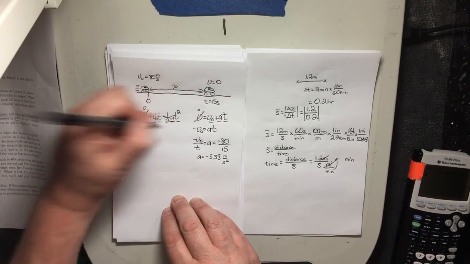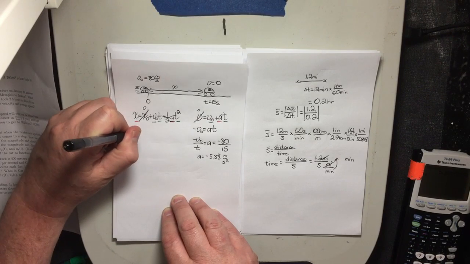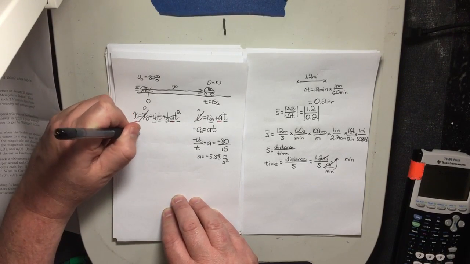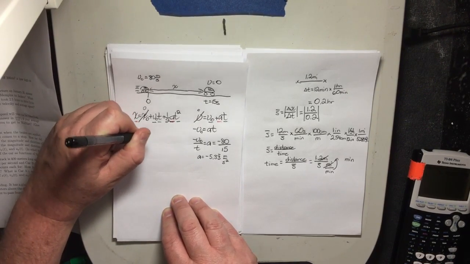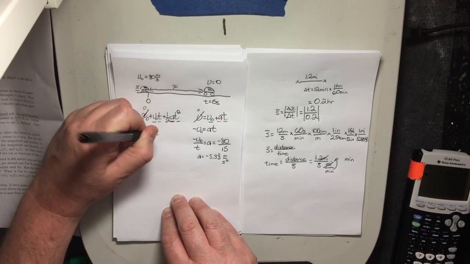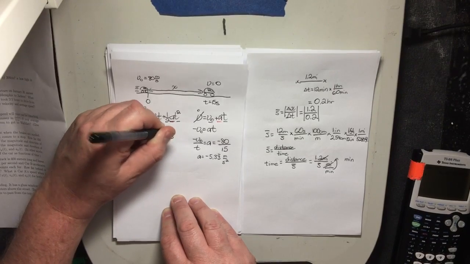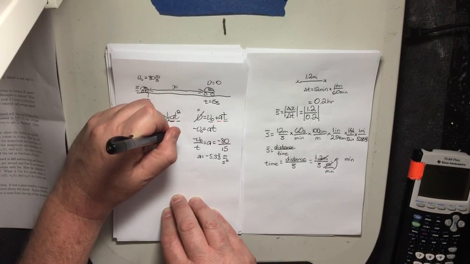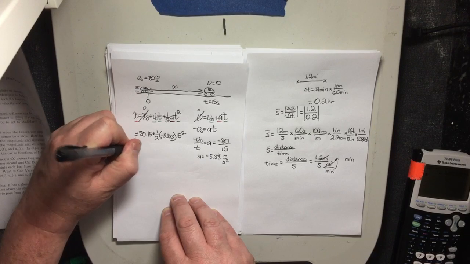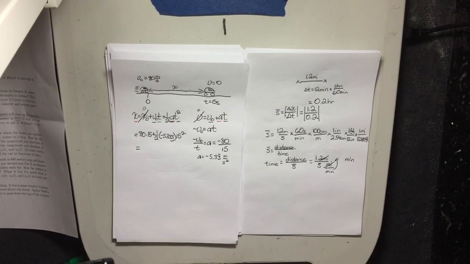Now A becomes a known quantity. So X can be determined: V naught 80, T 15, plus 1/2, negative 5.333, close enough, and then 15 squared. Fortunately, I still have that number in my calculator, so let's use that.